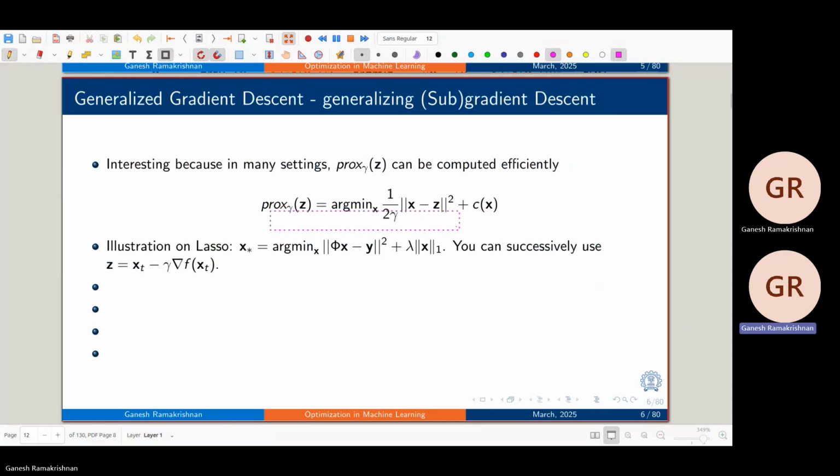So here, instead of setting the subgradient of this to 0 in one shot, what are we doing? We are setting the subgradient of this blue expression to 0 iteratively.